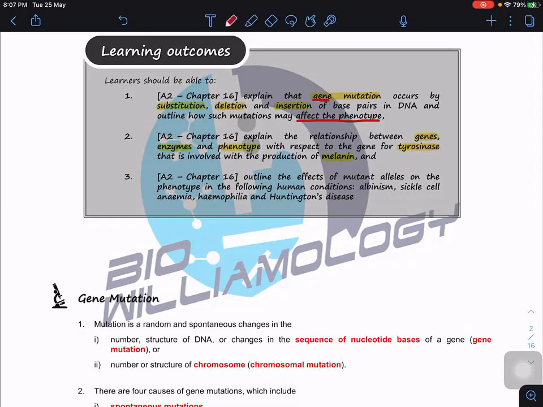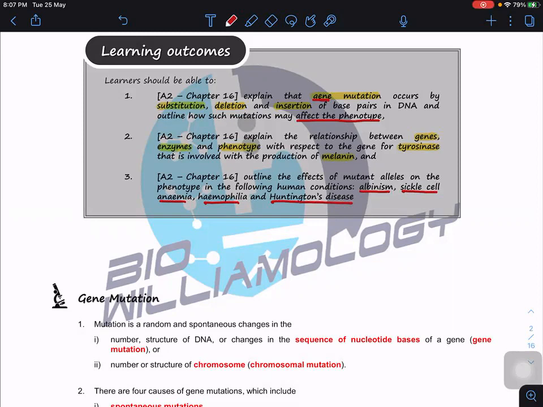The last part is more factual. We're going to look at the effect of mutant alleles on the phenotype in the following human conditions: albinism, sickle cell anemia, hemophilia, and Huntington disease. These four are in our syllabus, and I'm going to discuss another two, which we're going to use a little bit in the next two topics.